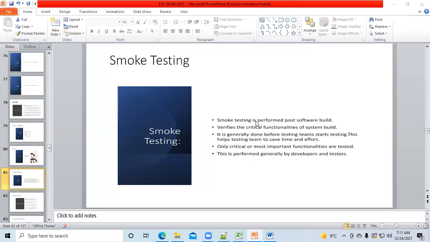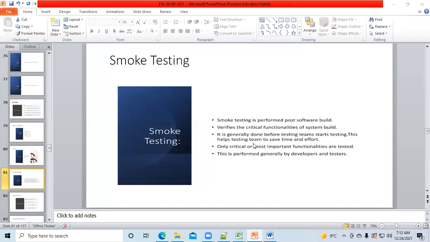As the name suggests, smoke testing is performed post software build. So once the developer has developed the software, you do the smoke testing just to check that the important functionalities are working or not. Then you will perform the in-depth testing. It verifies the critical functionality of the system. It's generally done before the testing team starts testing, to save time and effort, right?